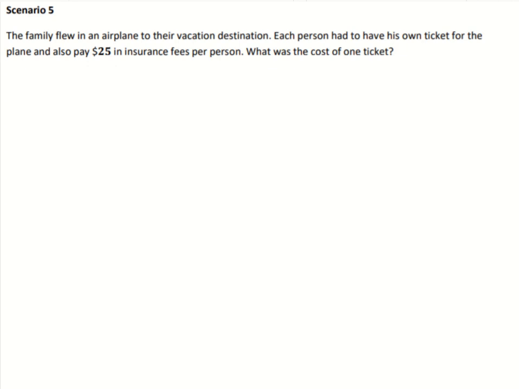The thing about scenario 5 is we're going to go back to solving things like we did in scenarios 1 and 2. So we've got 5 tickets, and we've got 5 people with insurance, because again, there's 5 people in this family.